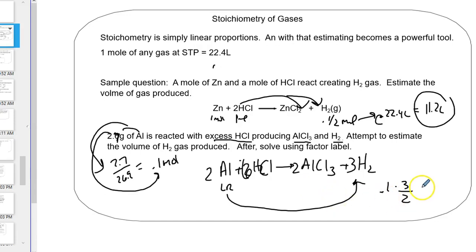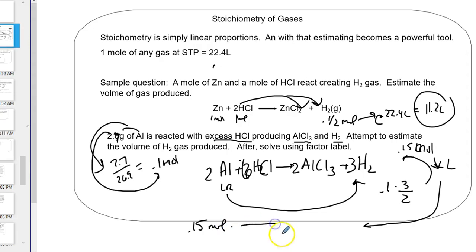So I'm going to get 0.15 liters, I should say moles. And now I need to convert this over to liters. You could estimate, but let's go ahead and do this. It would be 0.15 moles, get rid of the moles and go to liters. 1 mole is 22.4 liters, so that answer times 22.4 equals 3.36 liters.